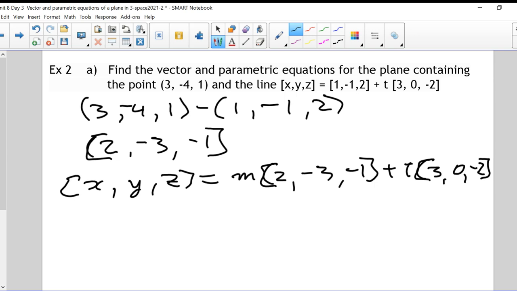Okay, and can you use any of the 2 points? Yes, as long as you use a point that's on the plane. It's just like when we were doing the lines yesterday. When we get to the Cartesian, this is not the standard form. So you can create that equation in a number of ways. Don't we need to put the point in the equation?